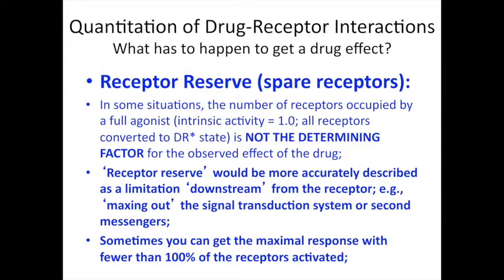If you do that to a point where you've used up all your signal transduction, more ligand can bind to the receptor and can try to activate the receptor, but it's not going to have a consequence inside the cell. And again, that's called spare receptors, which is not the right way to describe it. A receptor reserve would probably be more accurately described as some kind of limitation downstream from the receptors, maybe like you're maxing out the signal transduction process.